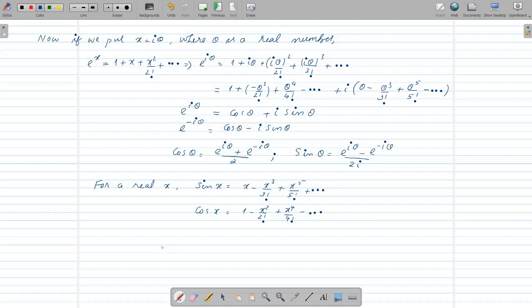So now we need to find out what sin x and cos x are for complex values.